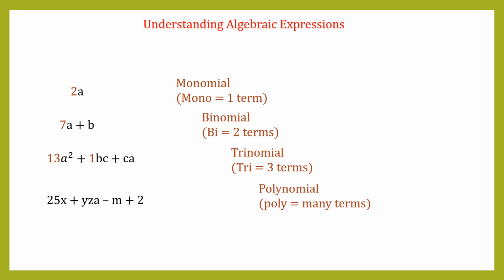Now, there is no coefficient, so coefficient is 1. But there is minus sign, so coefficient will become minus 1. So coefficient of m is minus 1. Then plus 2 is the fourth term. There is no variable along with 2.